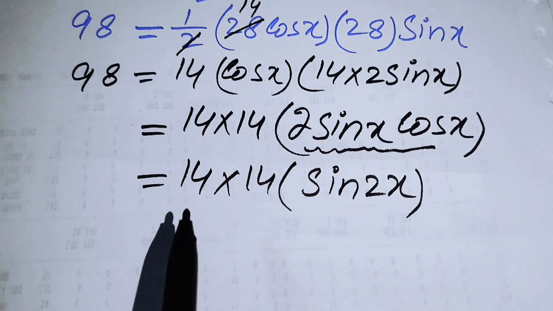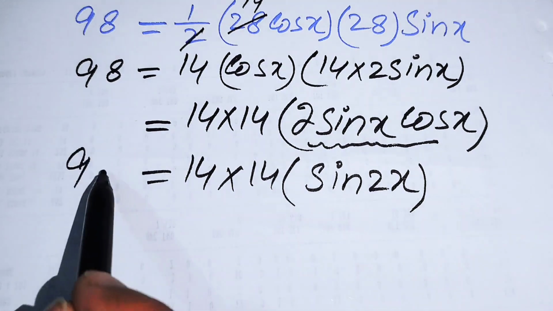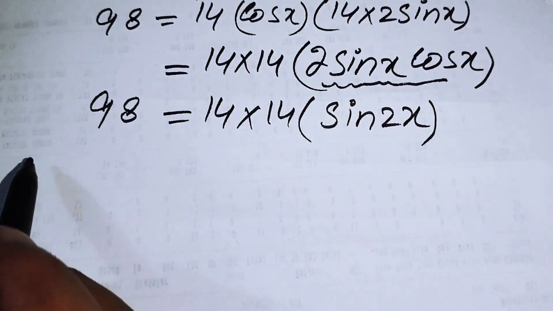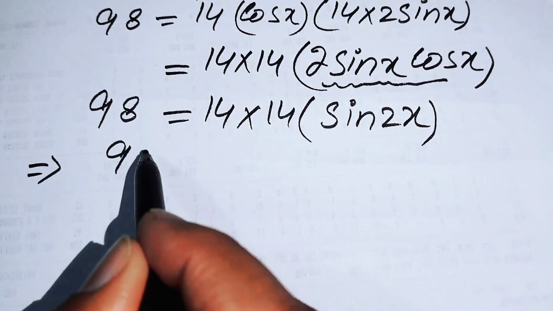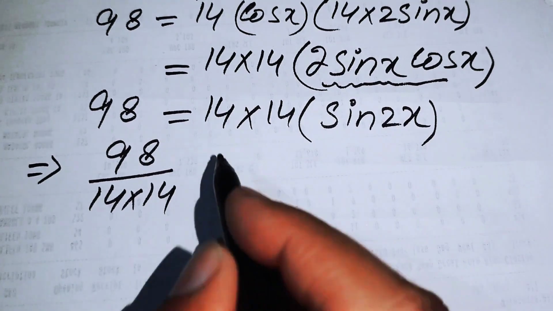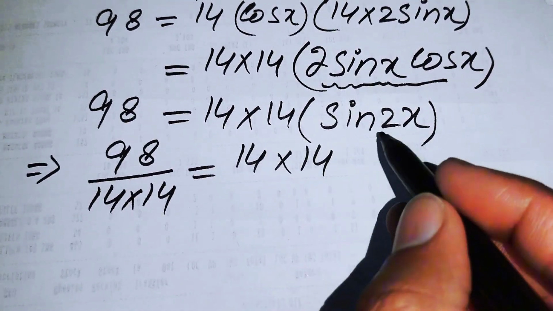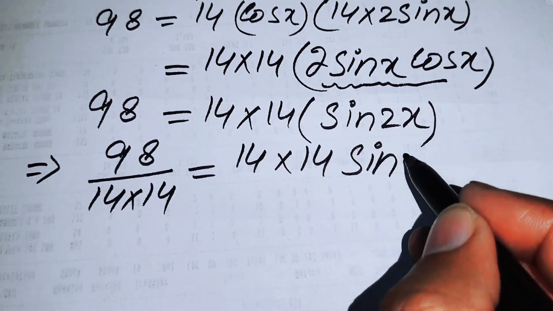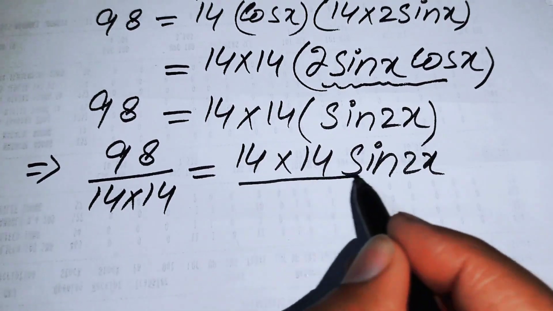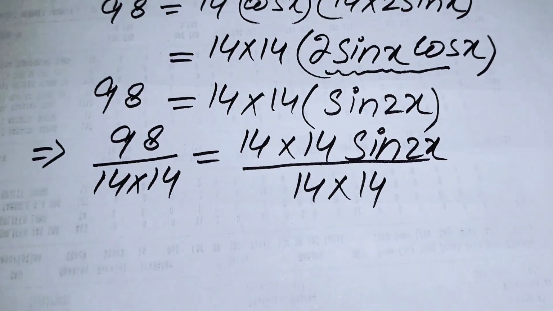And now we divide by 14 times 14 on the left side, and you obtain 98 over 14 times 14 equals 14 times 14 into sine of 2x over 14 times 14.